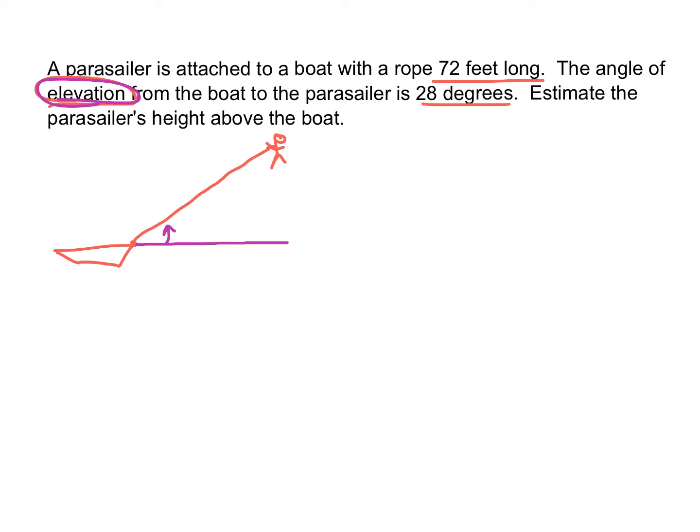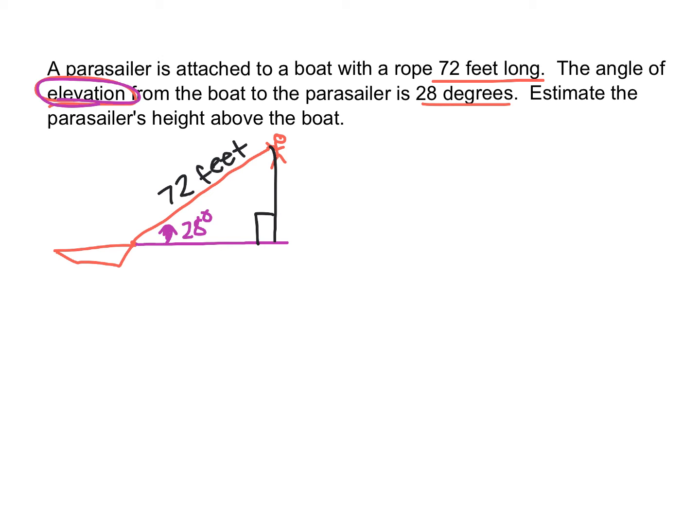So here, our angle of elevation is going to be this angle right here at 28 degrees. Notice that my eyes are elevating upwards to look at the parasailer from the boat. So here is our triangle. And then it says that the parasailer is attached to a boat with a 72-foot long rope. This is our rope that is attached to the parasailer.